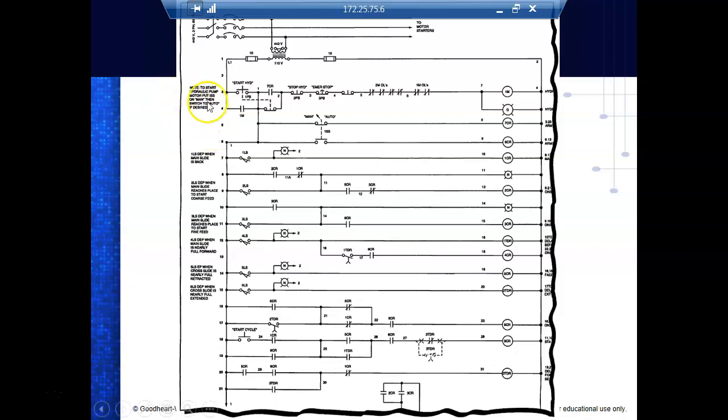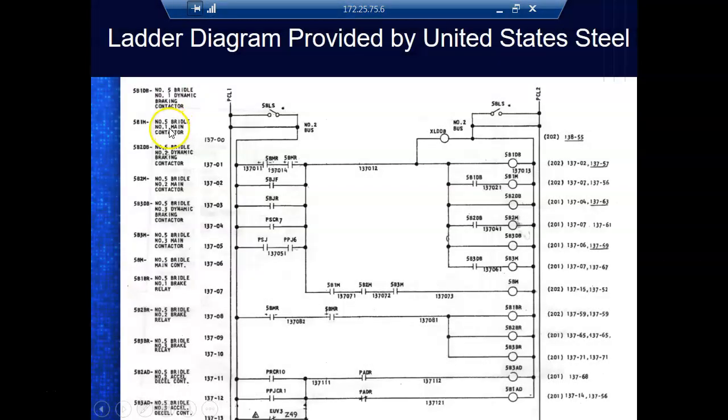These are comments. So anything we got comments about, you can tell what US Steel did is they actually gave you what this was. So 5B, 1DB was number 5 bridle, number 1 dynamic braking resistor. Braking, not dynamic braking contactor.